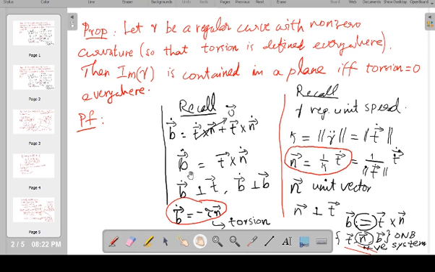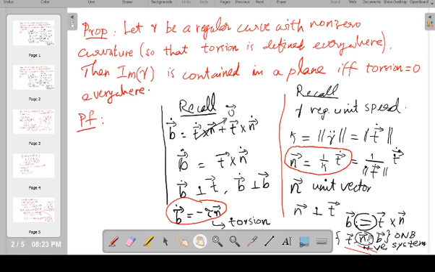So look at b dot, it's a vector perpendicular to t. Also b dot is a vector perpendicular to b. Why is that? Because b is a unit vector, which follows from here, because t and n are unit vectors. So b dot is perpendicular to both t and b.